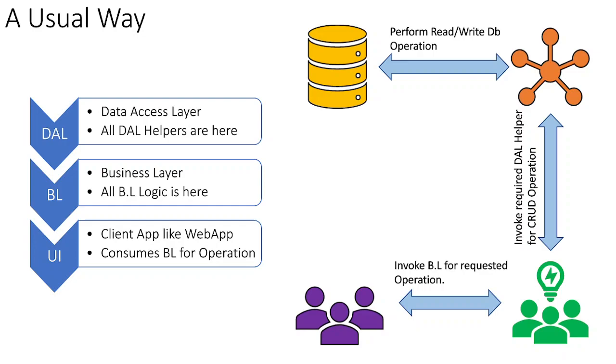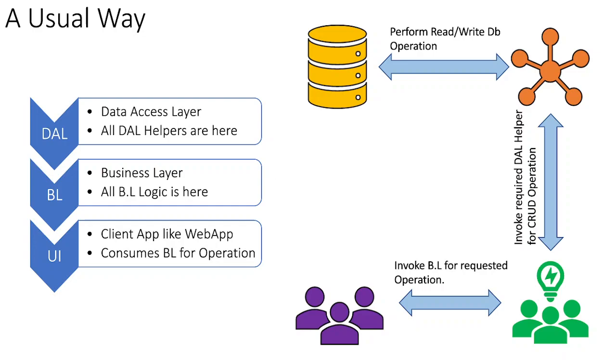Then there is the UI layer, where all our UI-side, client-side applications reside. For example, a web API, an MVC web application or any other web application, a desktop application, a console application, or any library that is required to show the user something so the user can interact. The UI layer uses the business access layer to perform its operations.